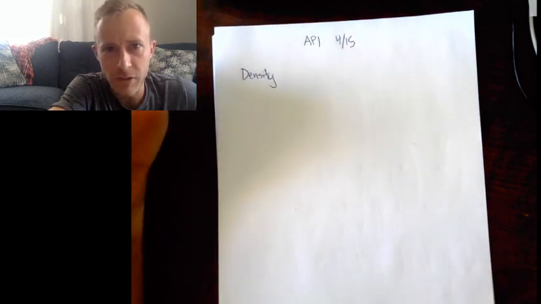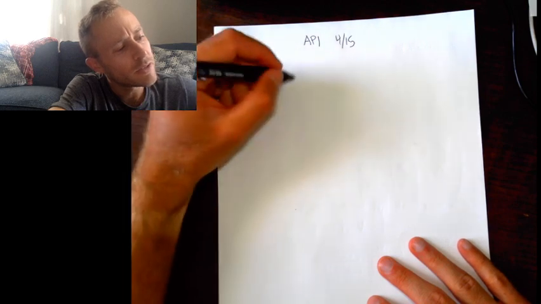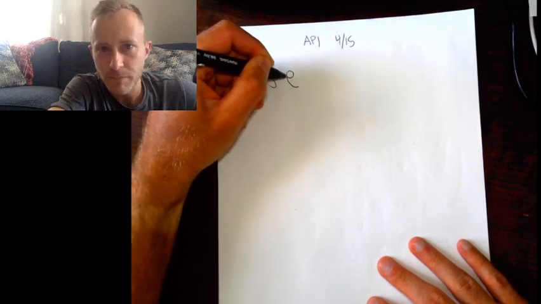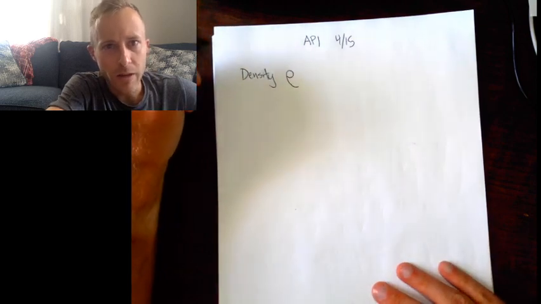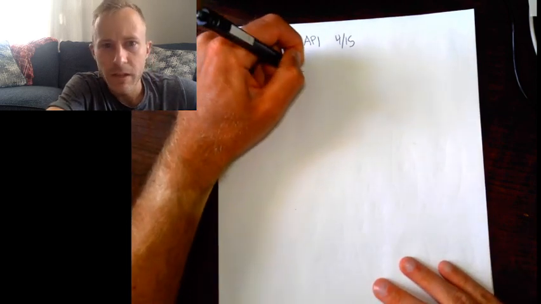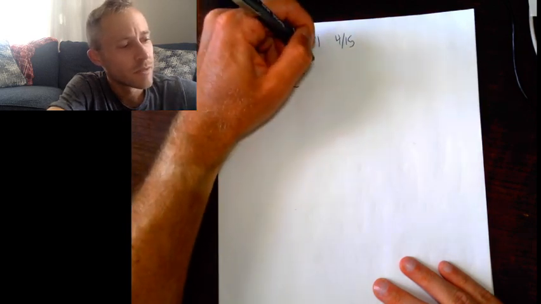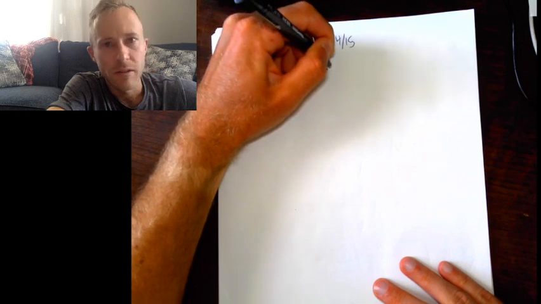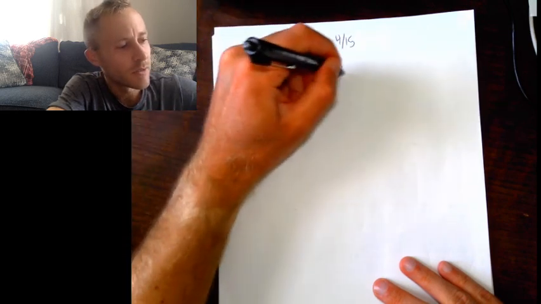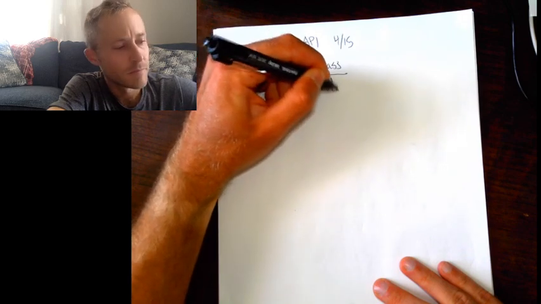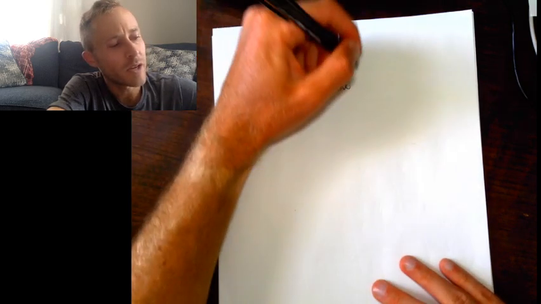Density is denoted by the Greek letter rho, and it is defined as the mass of an object divided by the volume of the object. So density is mass per volume.